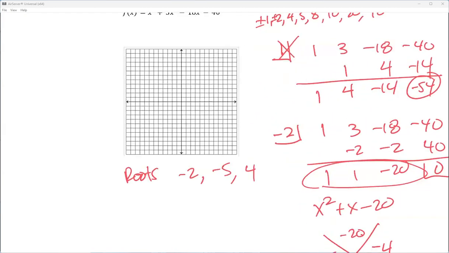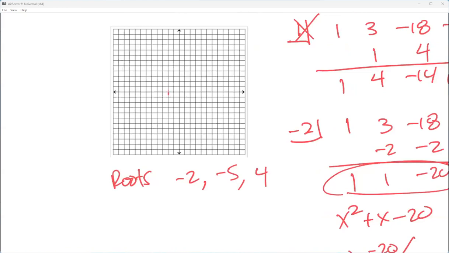Okay, so I'm going to skip every other. So this is -1, -2, -3, -4, -5. This is +1, 2, 3, 4, 5. Okay, so -2 is a root. -5 is a root.